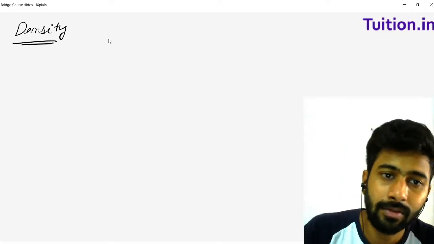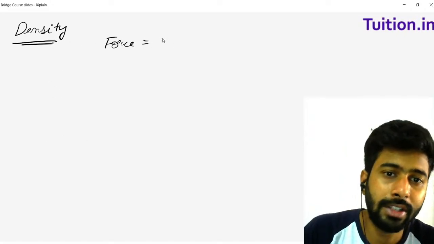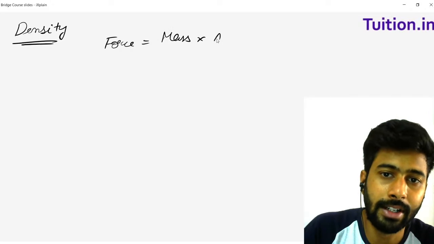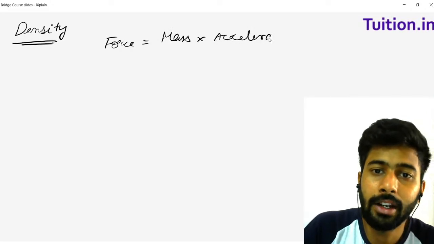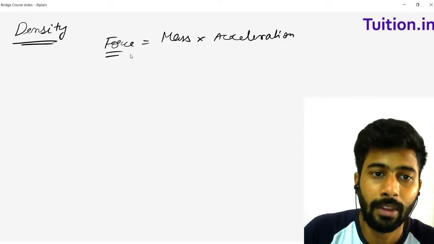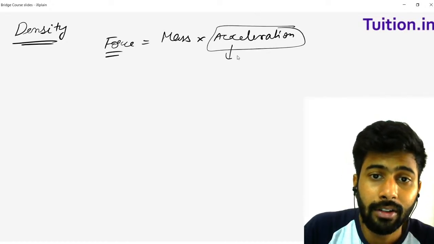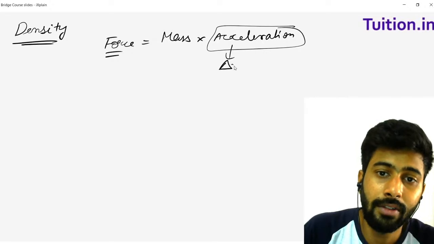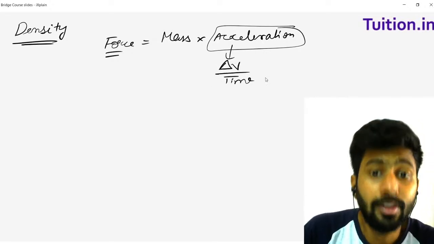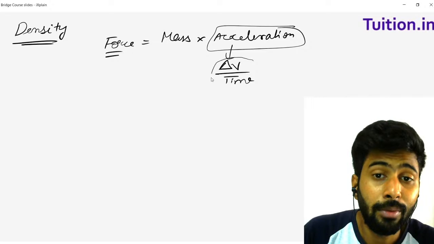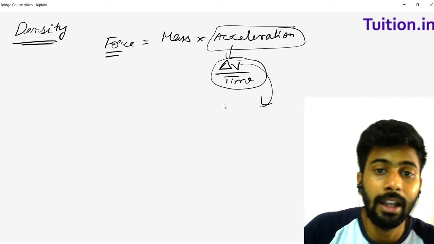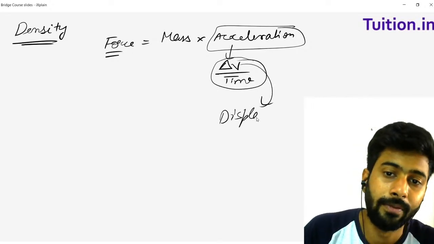Like when I took the force example, I knew force is mass into acceleration. So first of all, I needed to know the formula for force. Then that was not enough. I needed to know the formula for acceleration, which was change in velocity by time. Even this was not enough. I needed to know the formula for velocity, and then I could come to displacement.